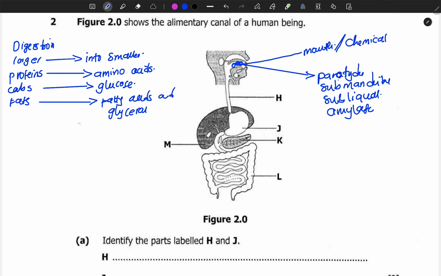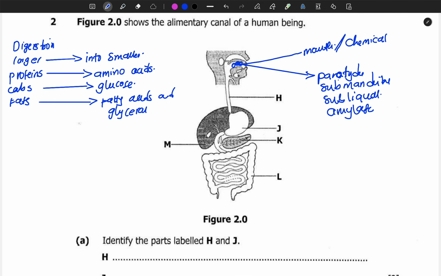The amylase is found in the saliva produced by these 3 glands. Other functions of saliva include softening of food. Let's take, for instance, you are eating a dry food. Before the chemical digestion begins, it needs to be softened. So the saliva softens that food so that the process of digestion may take place.